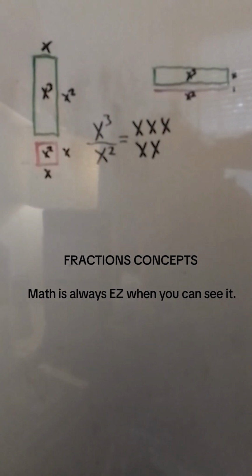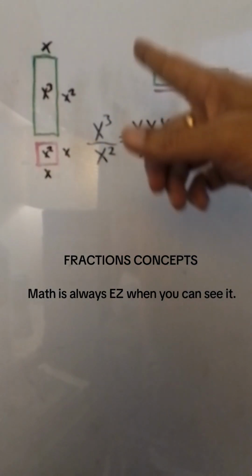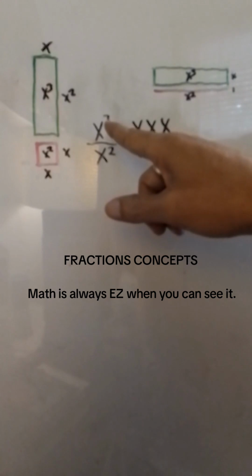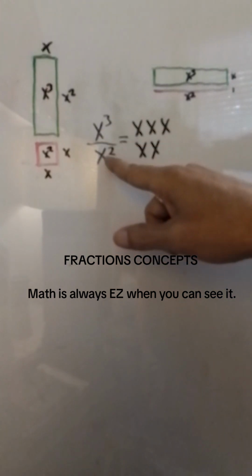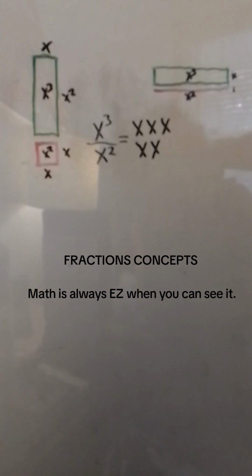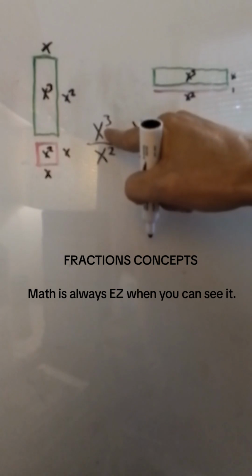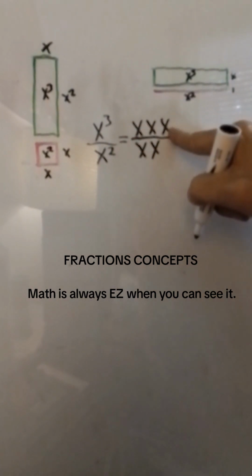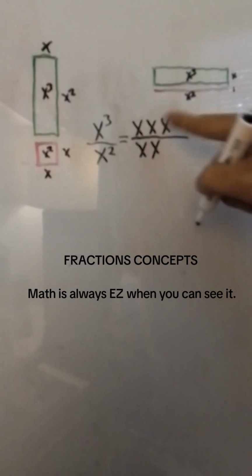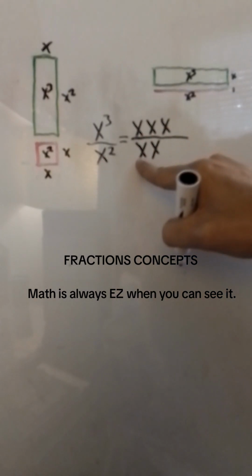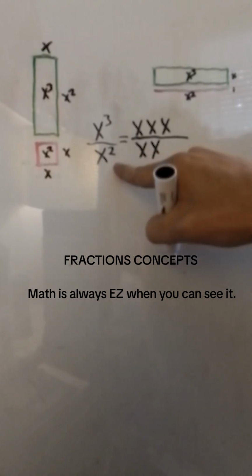Let's play in base x. So now it should be really easy to see. Let's see here. x to the third over x squared. Well, let's just play a game of find the ones here. Because isn't x to the third just x times x times x? And down here, I'm not going to put all the parentheses in. And down here, I have x times x, the same thing as x squared.